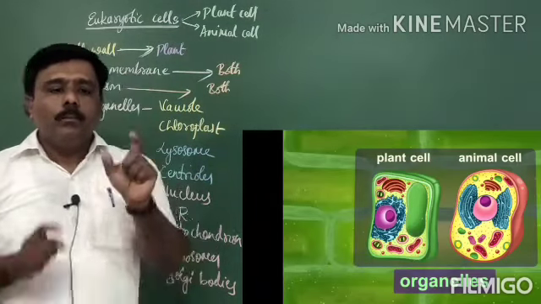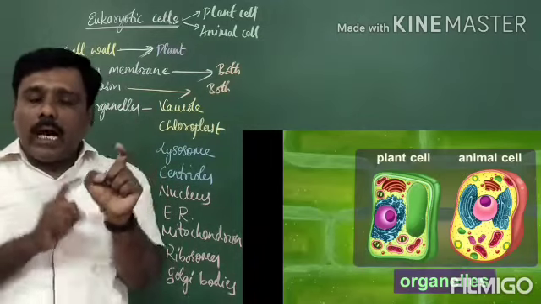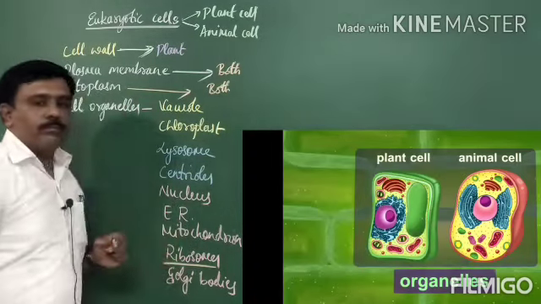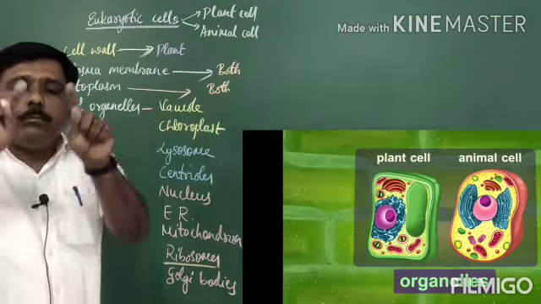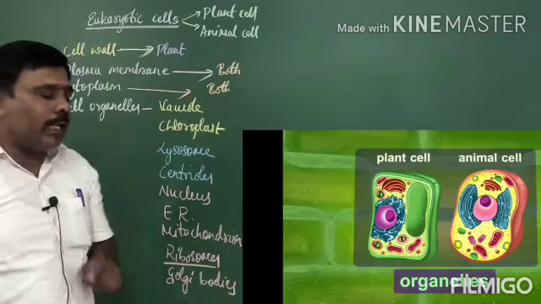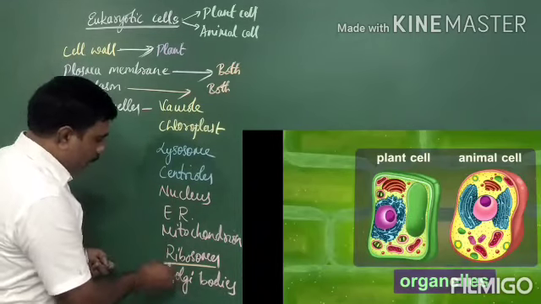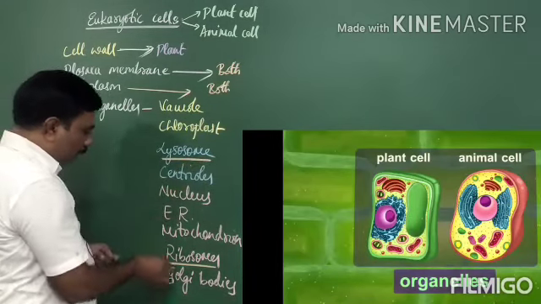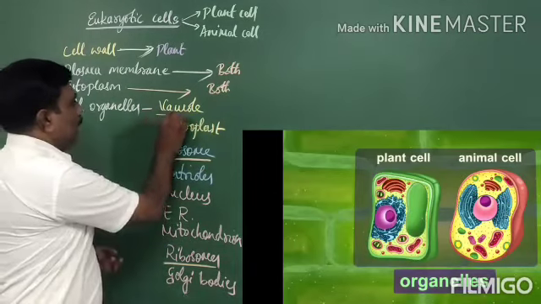Membraneless cell organelles are the ribosomes. Single membrane bounded cell organelles are the lysosome and vacuole.